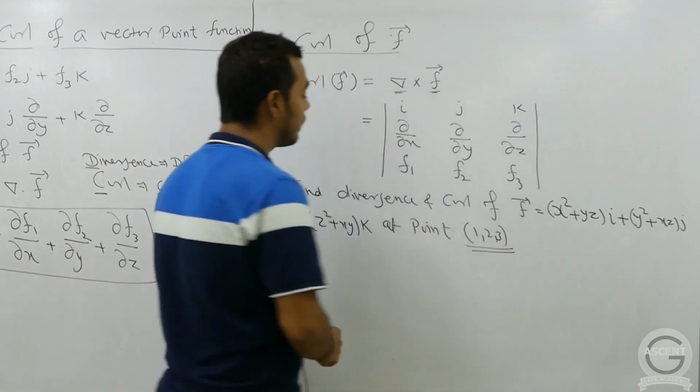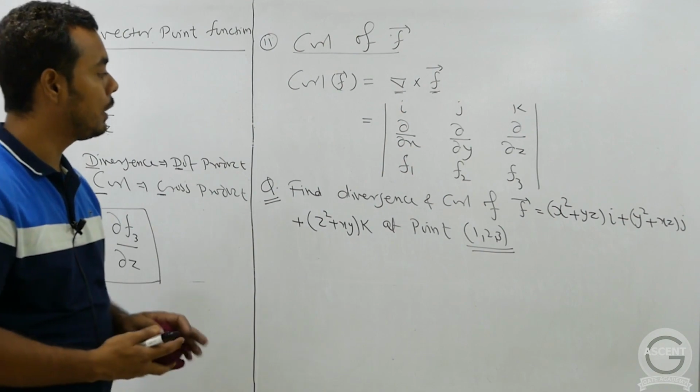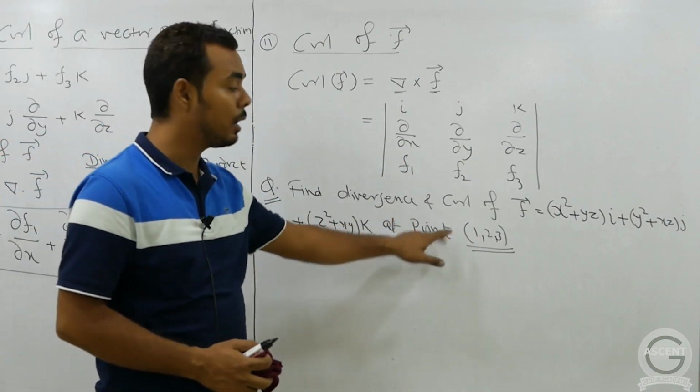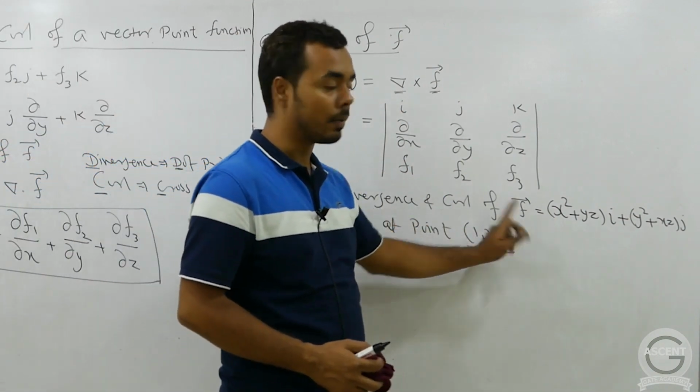Okay, this point is given, and at this particular point we need to calculate the divergence and curl of this vector point function f.